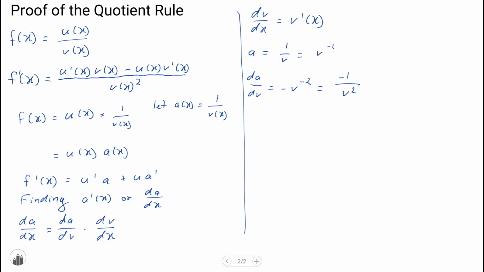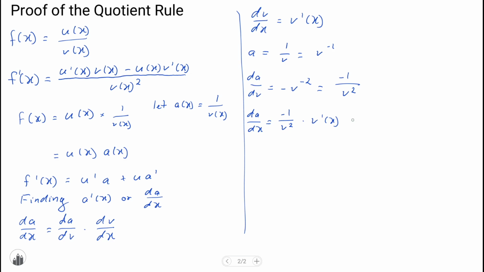And now we can start to put these things together. We can find dA dx is equal to what? That's dA by dv, that was -1 over v squared, times dv dx, well, that's just v dash of x, like that.